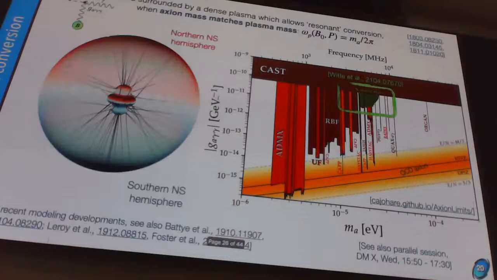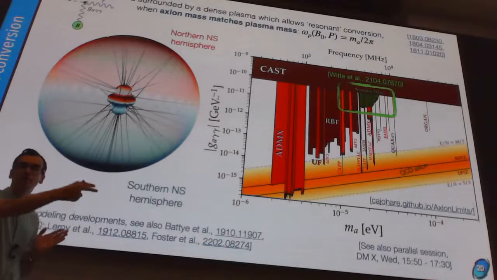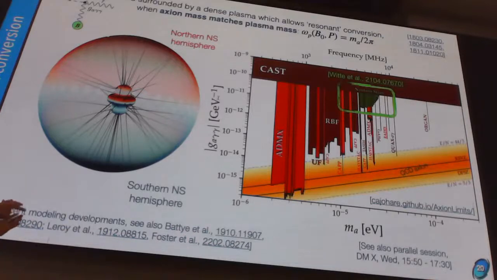And what's cool about neutron stars is that you can do something very similar, except this resonance happens not when you've tuned the size of your cavity, but when the mass of your axion matches the plasma mass in the plasma around the neutron star. It turns out that plasma mass varies as a function of radius away from the neutron star.